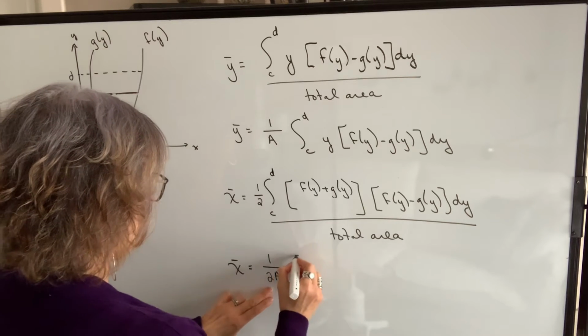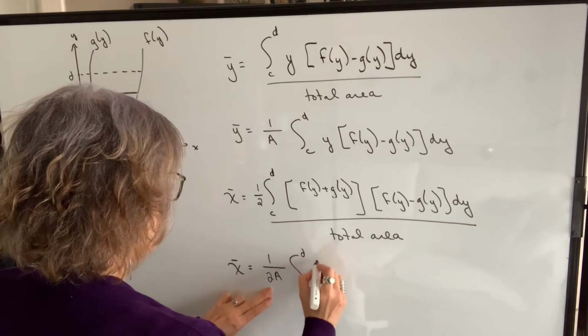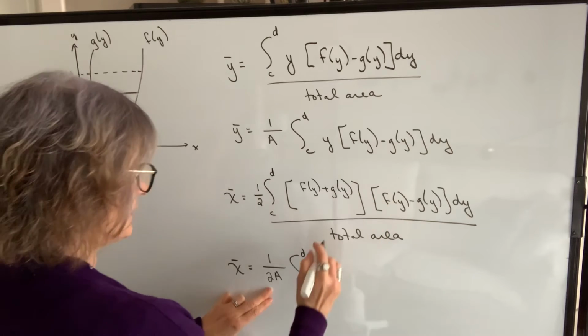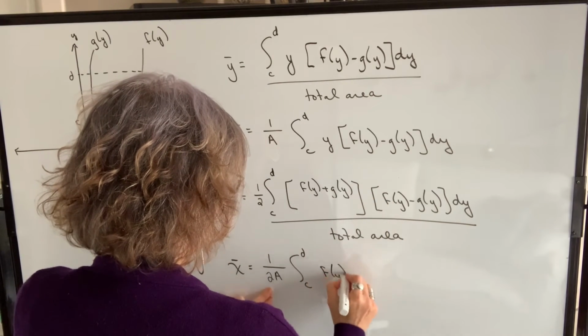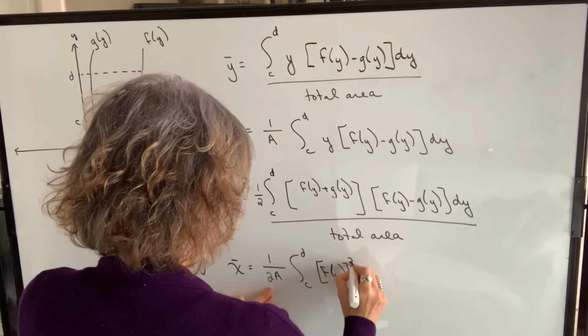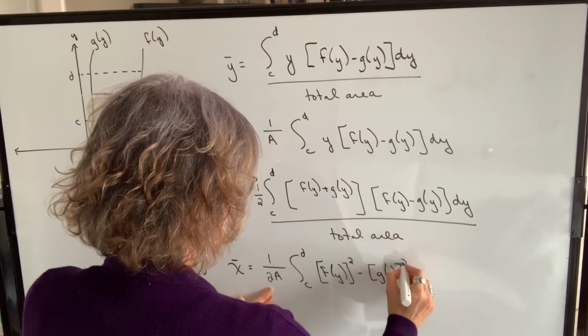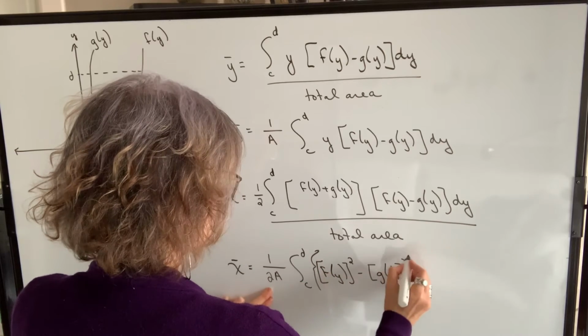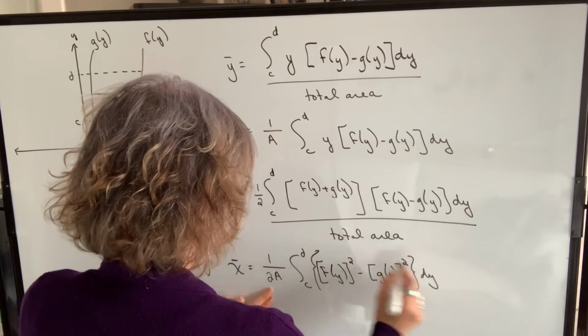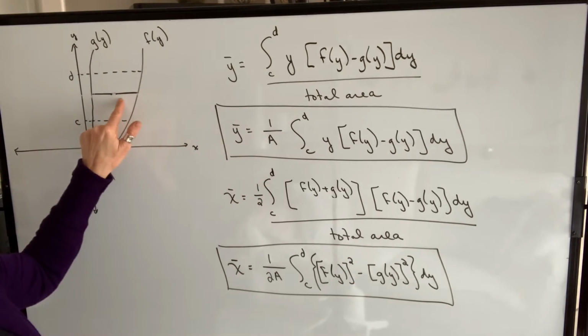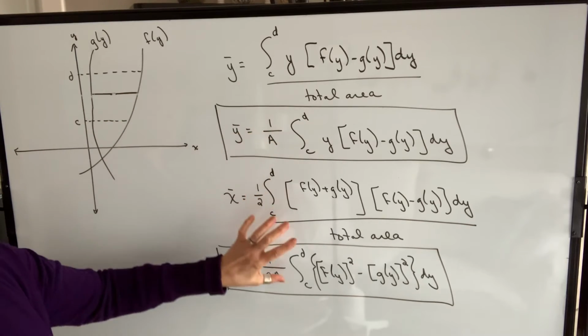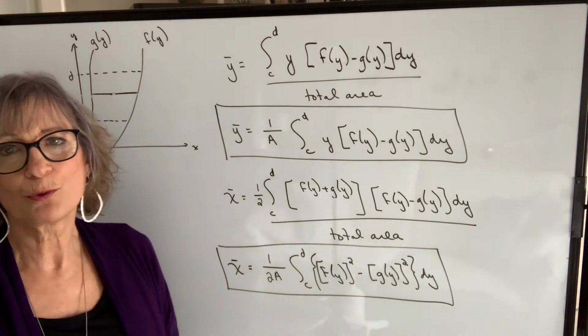So we're going to have 1/2 integral from c to d of, when we multiply these, we're going to get f of y squared minus g of y squared. It's like difference of squares, dy. So when I'm using horizontal rectangles, these are the formulas I use to find my x and y coordinates.